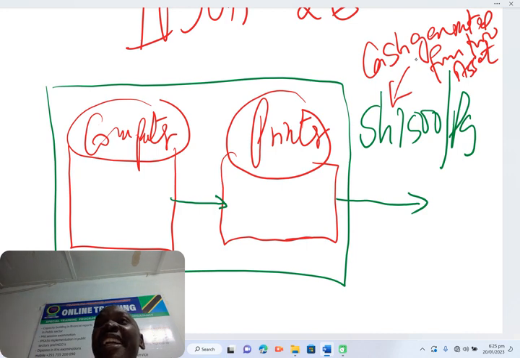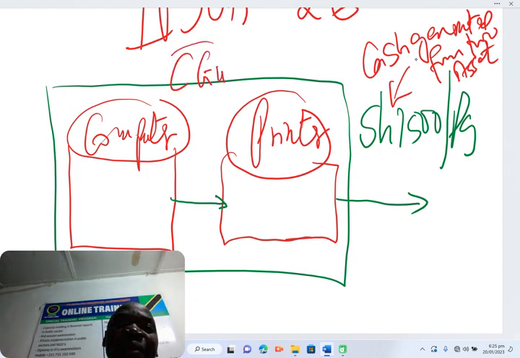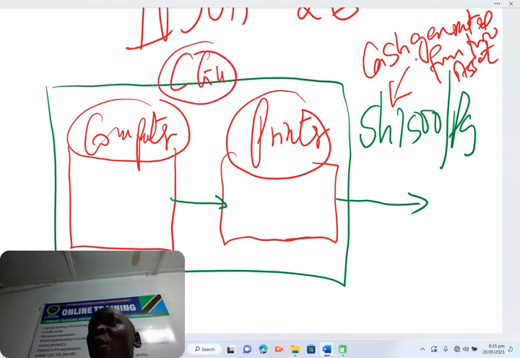So you can't tell me that a printer produces 1,500 shillings. You can't say so. Because you must have a printer to print the document. The document must have been prepared from the computer. Therefore, you have a system of CGU that you have 2 assets which depend on each other.